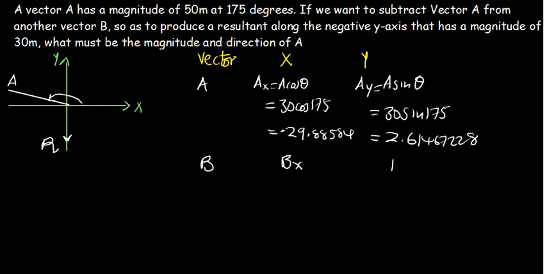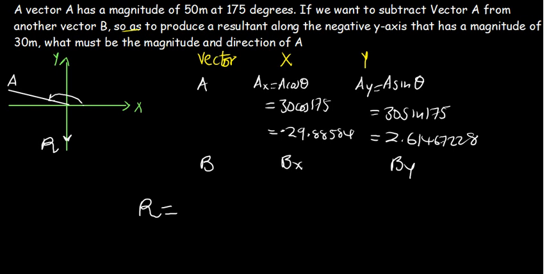Alright, and then we also have vector B, but we don't know its x component. We also don't know its y component, right? We also have the resultant. But how did we find the resultant? That's the question that we need to understand. Look at this statement: so as to produce a resultant along the negative y-axis.